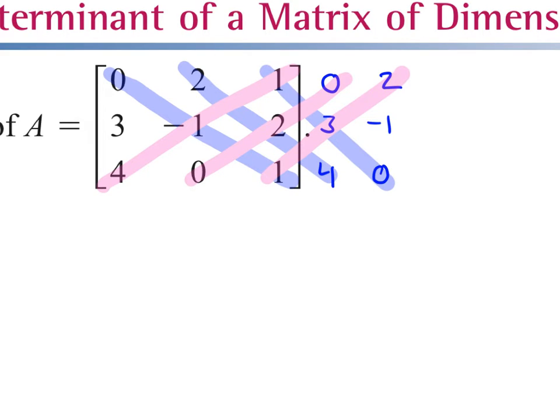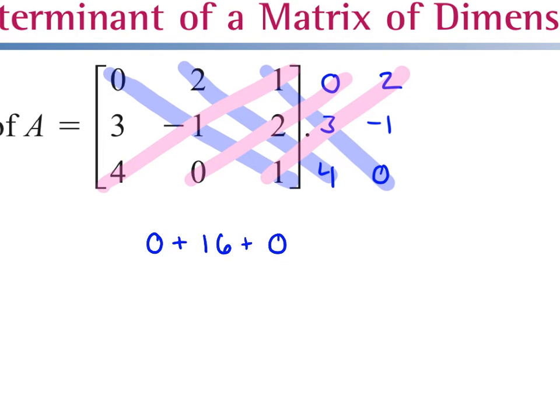So our first diagonal is 0 times negative 1 times 1, which would just be 0. Then plus, what is 2 times 2 times 4? 16.